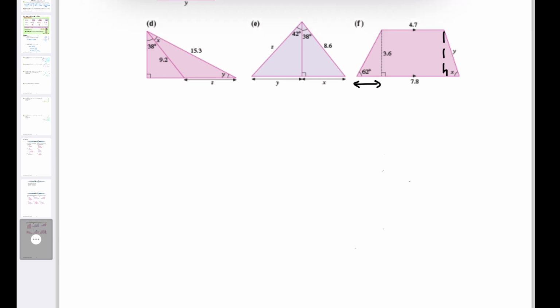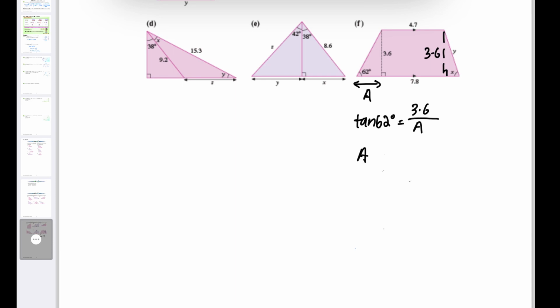So that we can get 3.6, because this one is 3.6 here, let's call this a here. So tangent of 62 degrees equals opposite over adjacent, which is a.